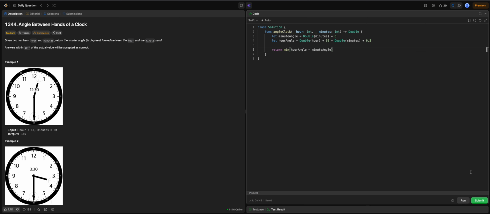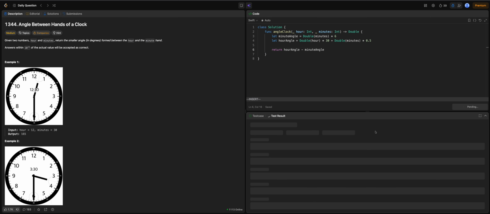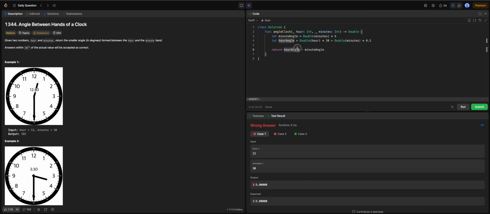Or it could be subtracting from 360. Okay, let's check first before we make a decision. Let's try to run it locally first. Right, so we need something in the middle.